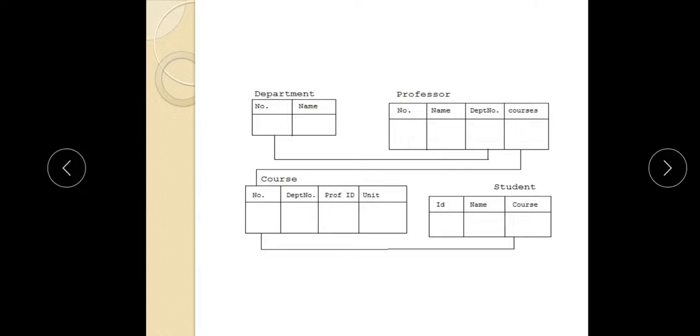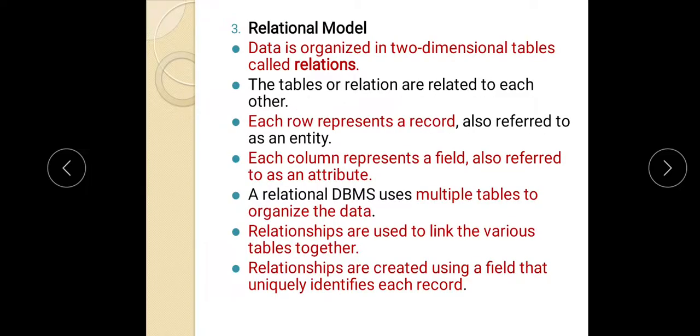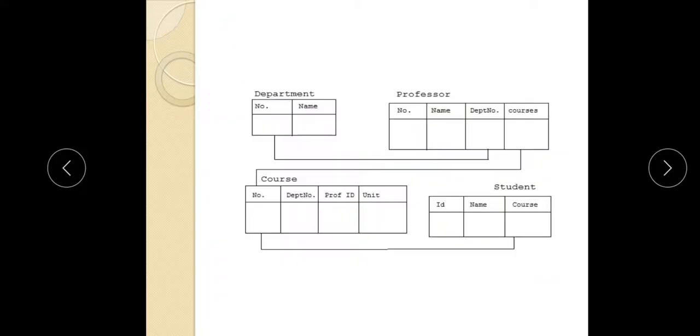To store the details of a college, if they have to create a college database, they will use many different tables, and these tables will be connected. That connection is called a relationship. Relationships are used to link the various tables together.